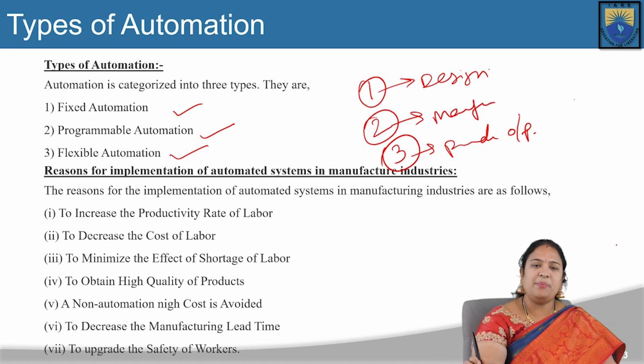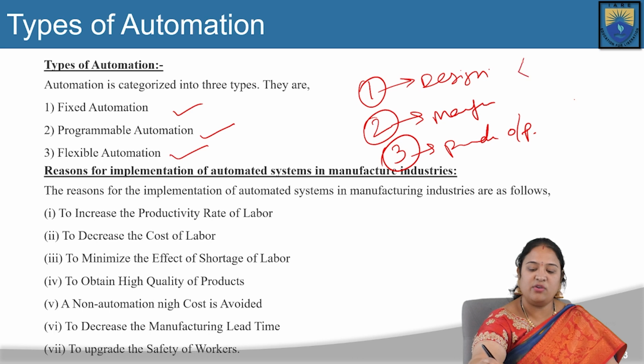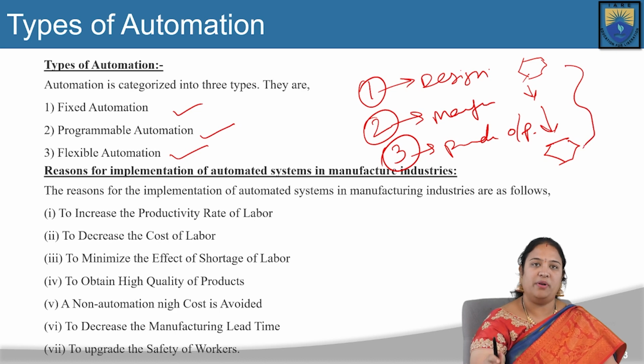So here what is happening one by one? It is first initially design of a particular nut is being done. Then the manufacturing of this particular nut is being evaluated. Then the final output of the nut we are getting in a sequence operation.